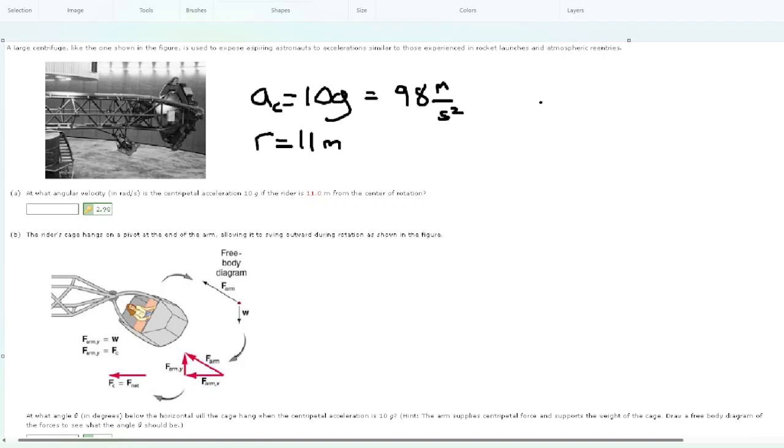So let's write down our formula for centripetal acceleration: v squared over r. And let's see if we can solve for something.